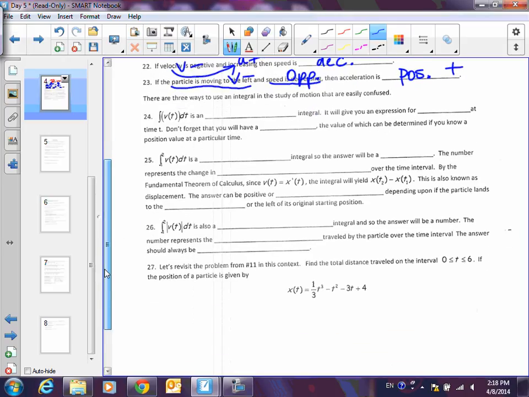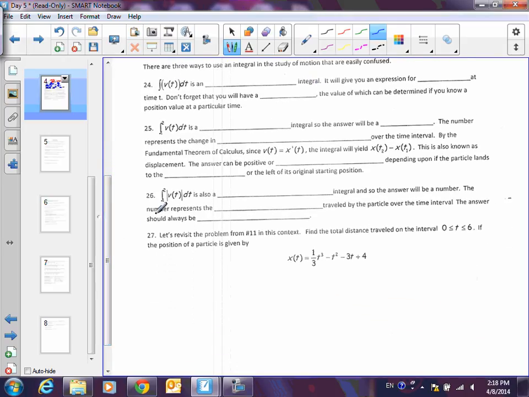All right, let's talk about the 3 scenarios of when to integrate velocity, because it's easy to get these 3 mixed up. So notice on 24, there's no bounds. What we call this is an indefinite integral. It means that when you integrate, you get an expression. You have a polynomial, you integrate, you get another expression.